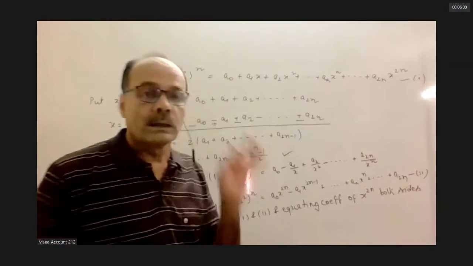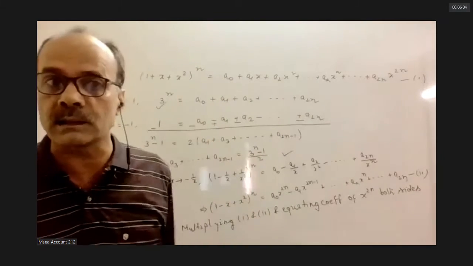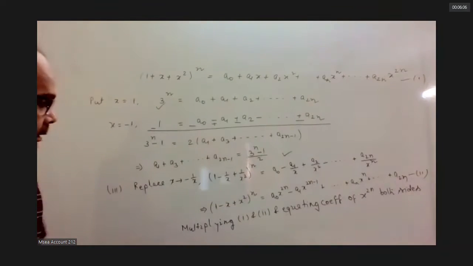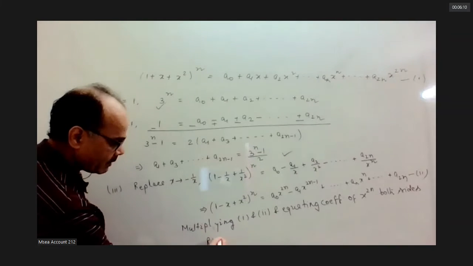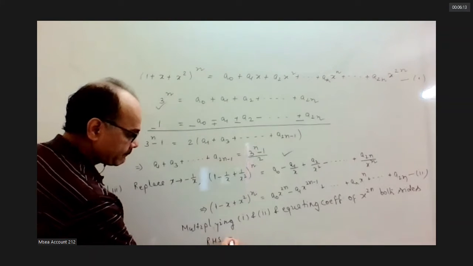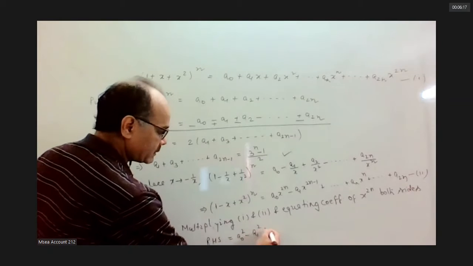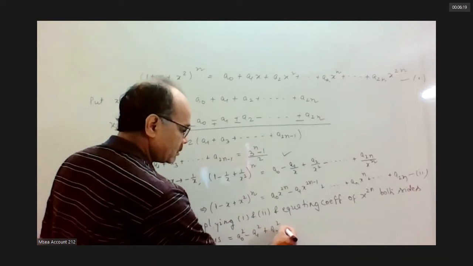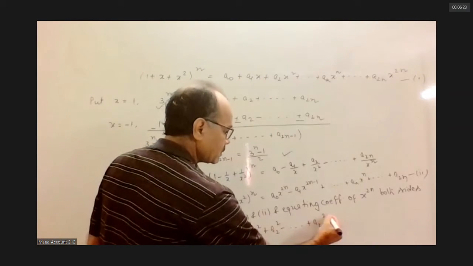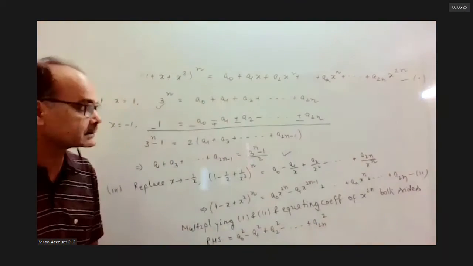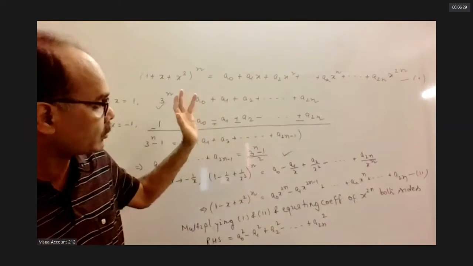If two polynomials are identically equal, their corresponding coefficients are equal. So what will be the RHS? a0 square minus a1 square plus a2 square, and so on, plus a2n square. This is the RHS.